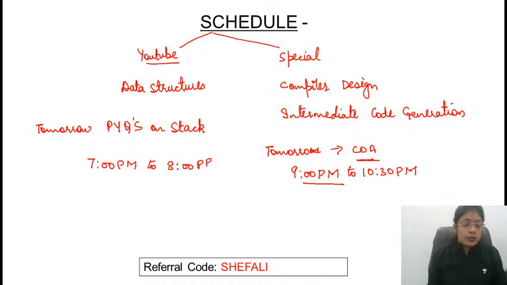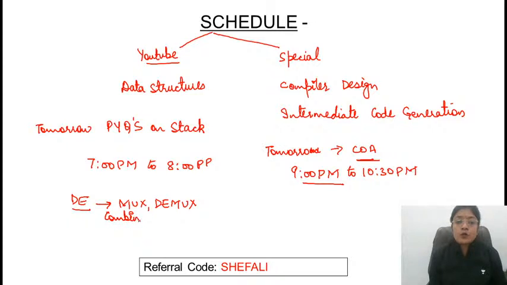DBMS, I'll be starting, let me finish with the data structures and digital के बच्चे कुछ concepts रह गए हैं हमारे YouTube पे. Digital में multiplexers and demultiplexers are very, very important, which we haven't covered yet. So I'll be covering the remaining concepts of combinational circuits.